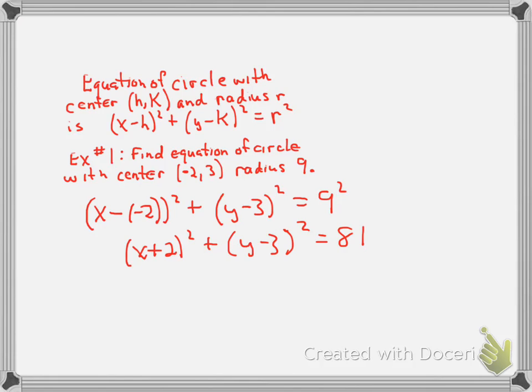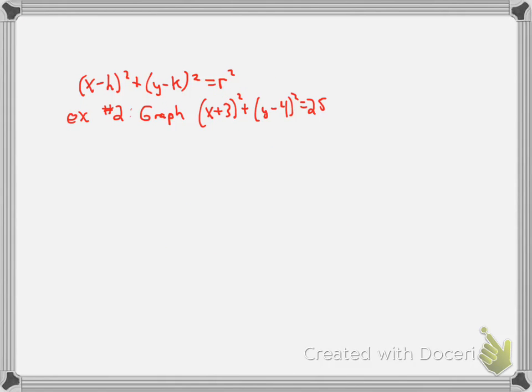Okay, we can take that same problem and work it backwards. In this problem, again, I've written just for reference up at the top the equation of a circle centered at (h, k), radius r, just so we'll remember. And now the question is, let's graph this circle, which is (x plus 3) squared plus (y minus 4) squared equals 25.